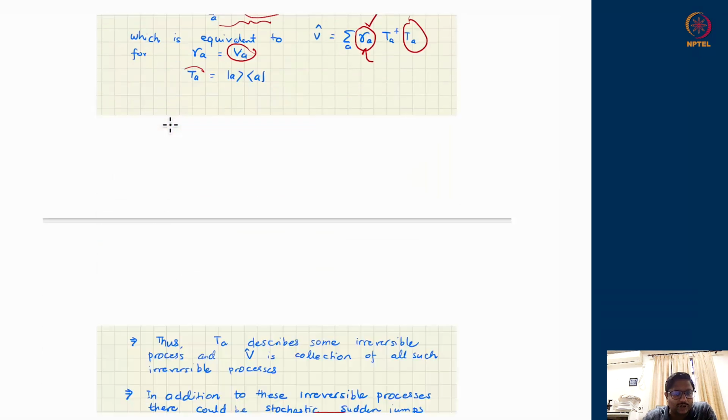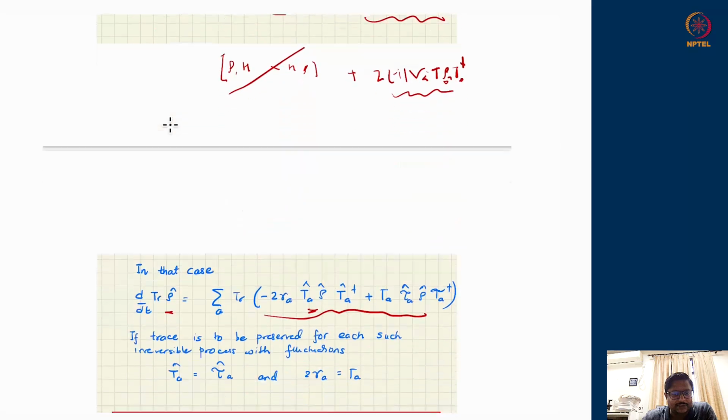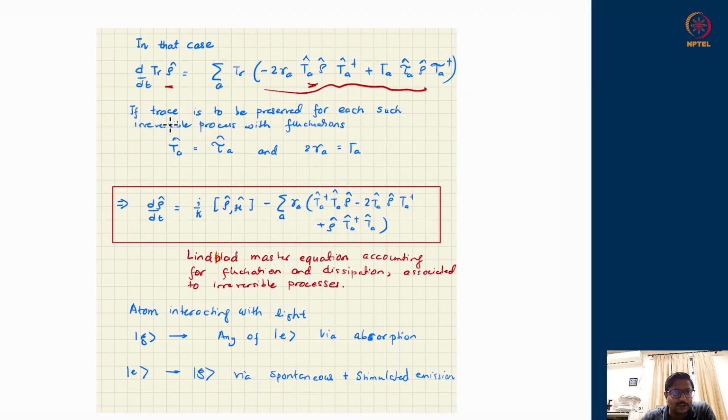And if we want that under this redefinition, the total trace, the overall sum of all probabilities, the sum of all diagonal elements of this newly defined rho, which absorbs the definition of probability inside. So probability is changing, but with this changed wave function, if the trace of rho has to remain the same, that means the summation quantity should become 0.